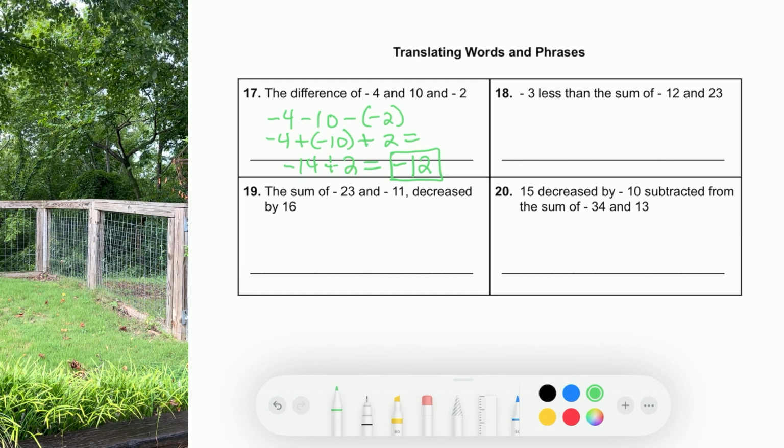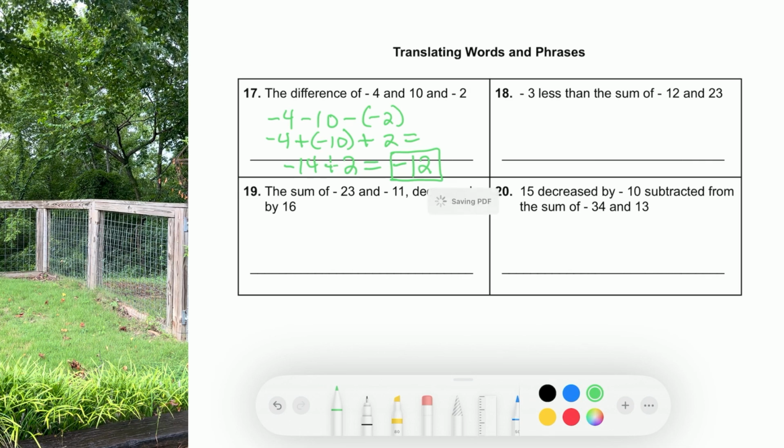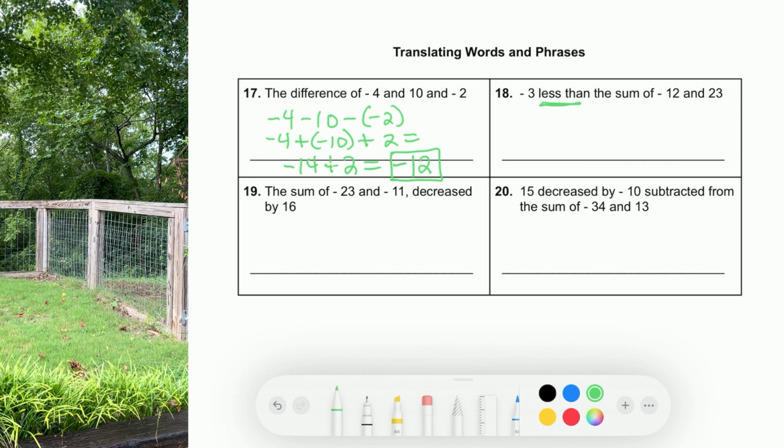Number 18, negative 3 less than the sum of negative 12 and 23. So the first thing I notice is the less than. That is a turnaround phrase. So we need to make sure that we put that minus 3 behind whatever they're telling us after that, okay? So we have the sum of negative 12 plus 23.